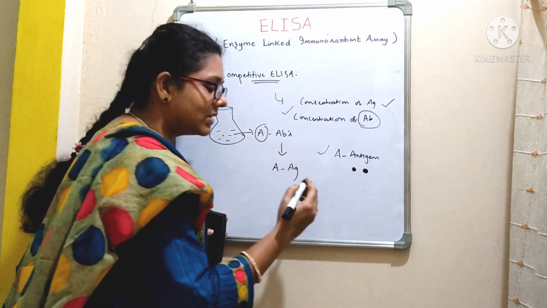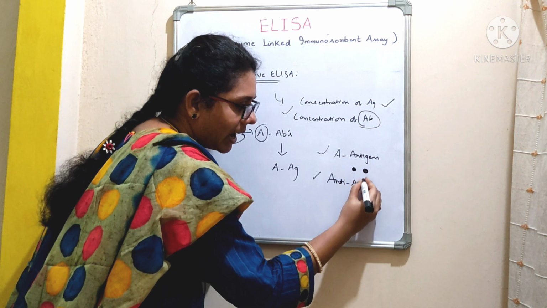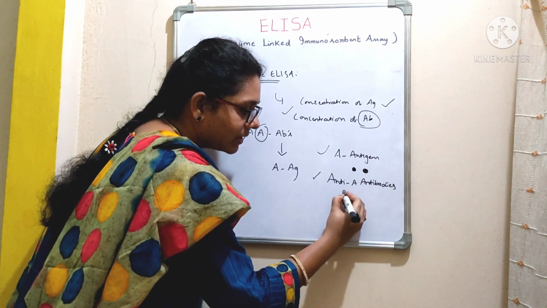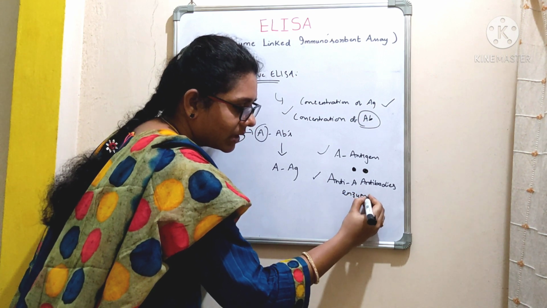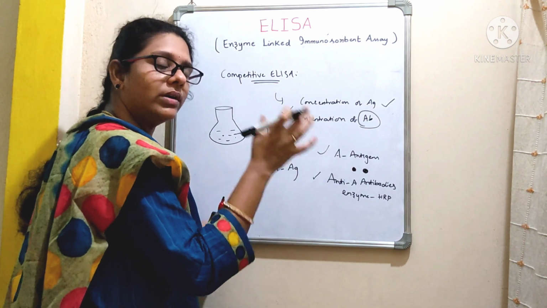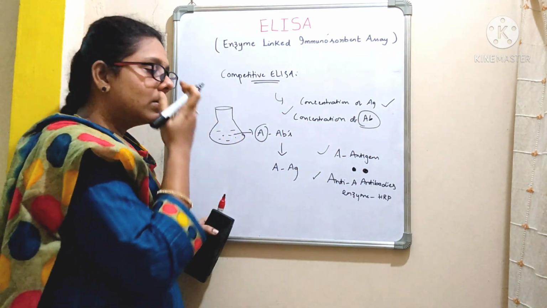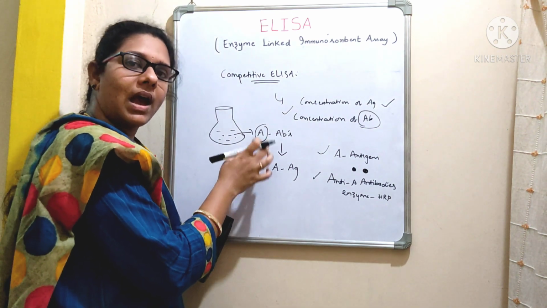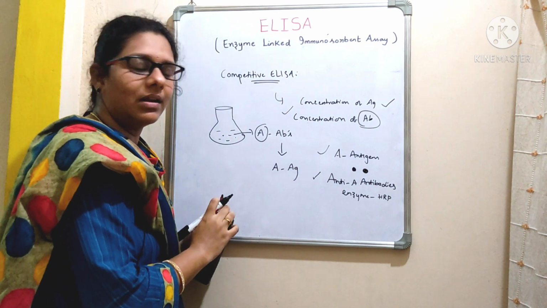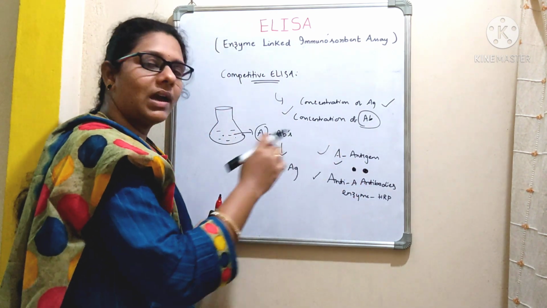Along with the A antigens, we also need anti-A antibodies that are conjugated with the enzyme HRP. Hope you are clear. Here we are going to detect the concentration of antibody present in the sera. If that sera contains A antibodies, those A antibodies will be specific to A antigen, right? So we need these A antigens, whatever that antigen could be.